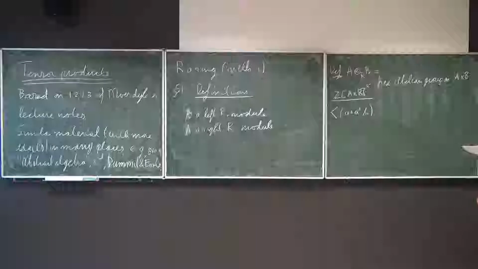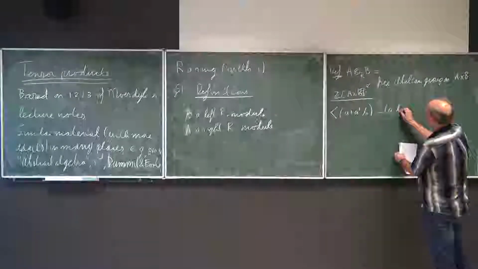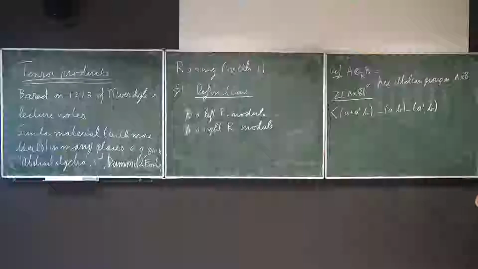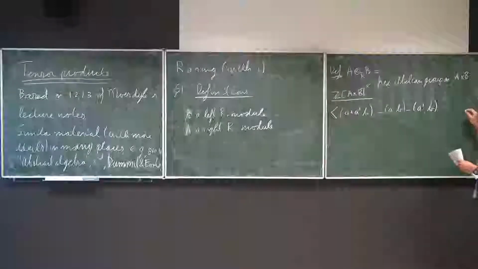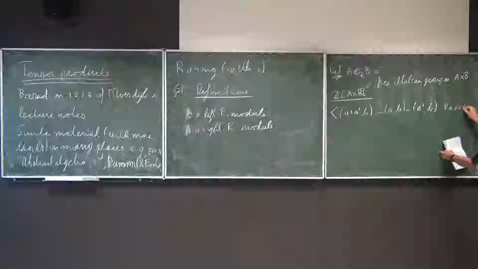If I have a plus a prime in the first coordinate and then b in the second, then in the quotient I want to be able to work out a sum. So I impose that (a plus a prime, b) is the same as (a, b) plus (a prime, b), for all a and a prime in A and b in B.